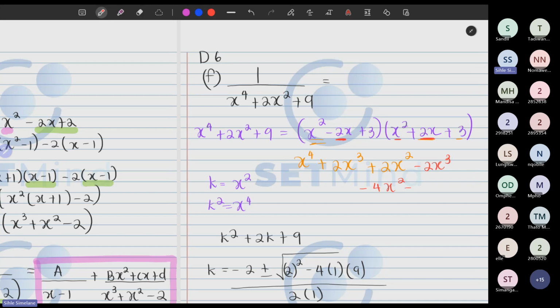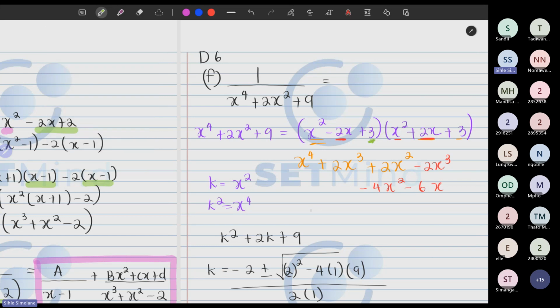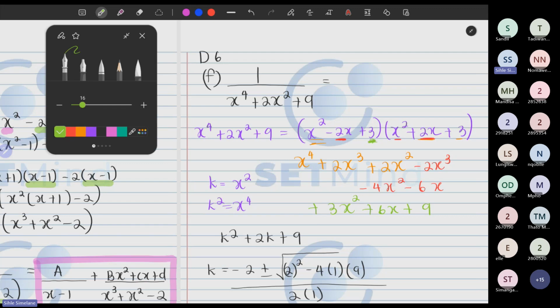And then that times the 3, it will be minus 6x. And then 3x squared, and then the 3 times that, it will be 6x, and then plus 9.